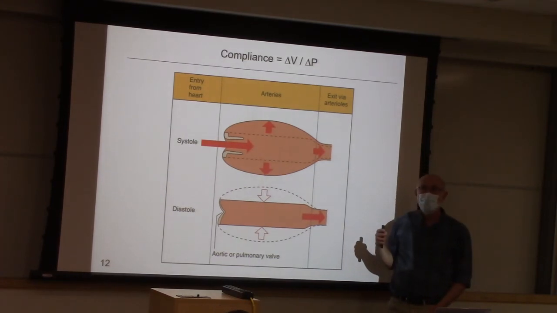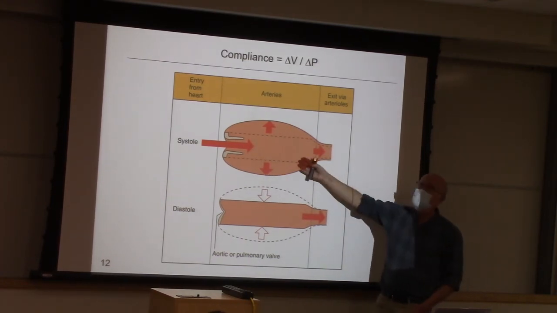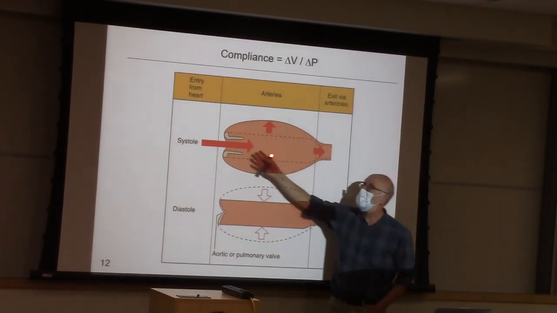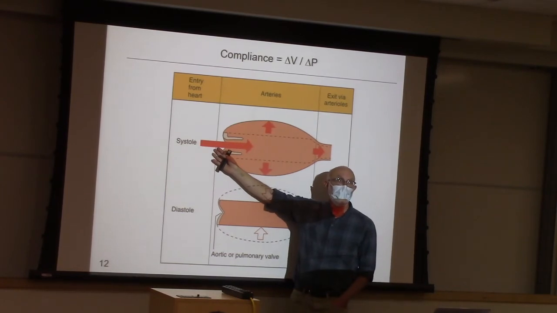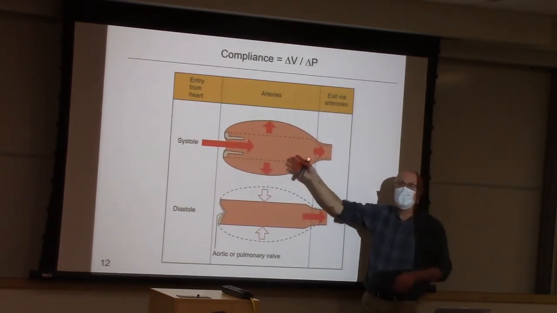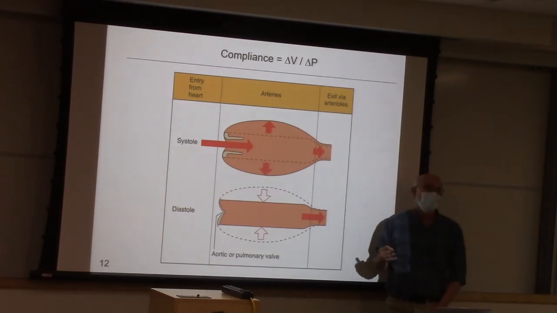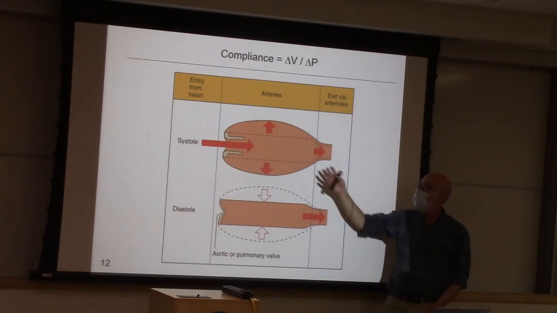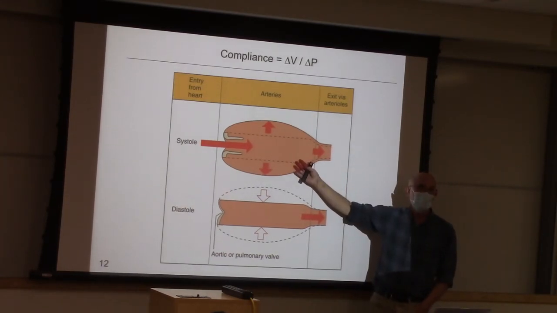So if your arteries don't stretch, then all of the pressure from the ventricle will get transmitted into the arteries and you have hypertension. That's high blood pressure. Hardening of the arteries generates hypertension because the arteries don't stretch.